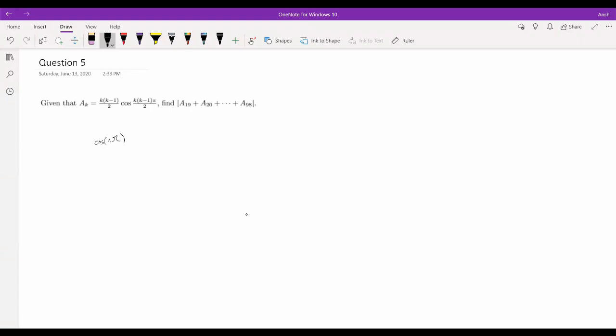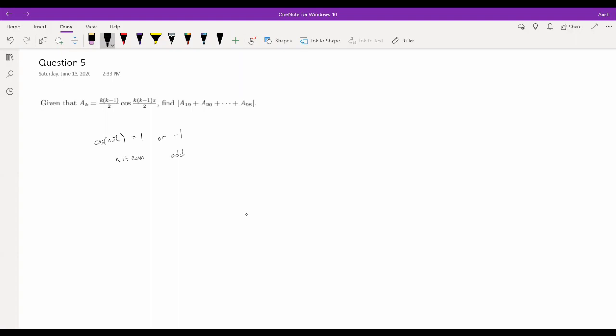And if you look at cosine n pi, where n is an integer, it can either be 1 if n is even, so cosine of 0 equals cosine of 2 pi equals 1. And it can also be negative 1, like cosine of 1 pi or cosine of 3 pi. So if it's odd, it's negative 1.